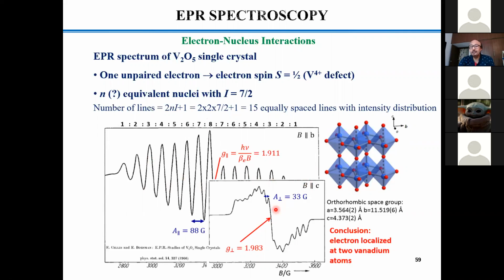Here the good point, which I will talk about a little later at length, is that you will get 15 lines in the parallel region and 15 lines in the perpendicular region. So what is parallel, what is perpendicular? Essentially the magnetic field we apply, you have noticed that in EPR a big magnet unit is used.